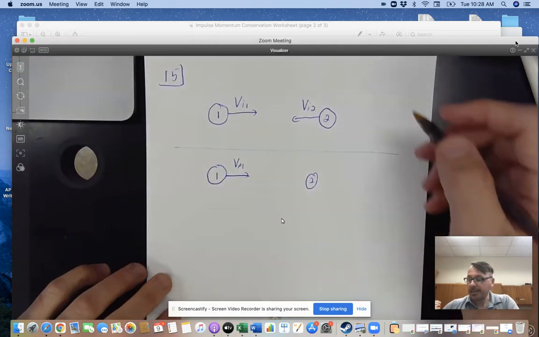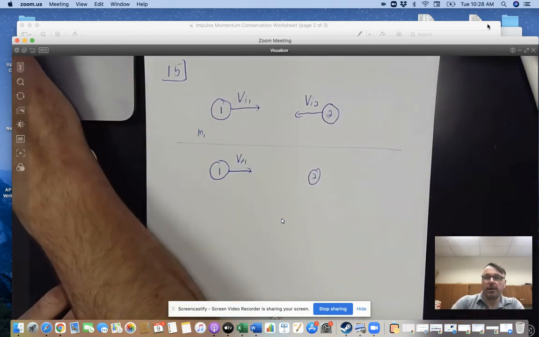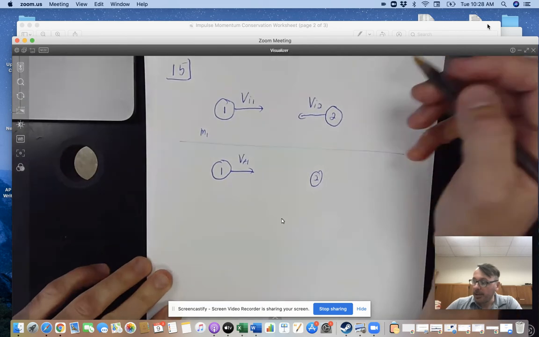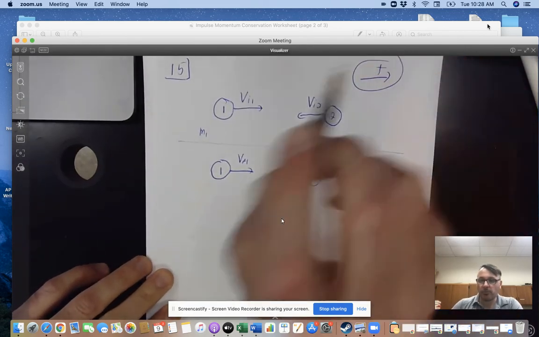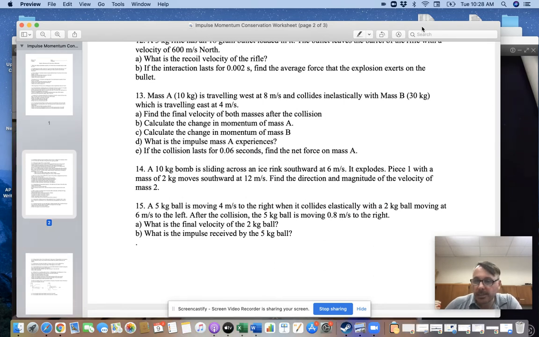Okay, so let's get down the information. We know mass 1, we know mass 2. Before I write it down, let's make to the right positive so that we can write down our information the first time with our declarations. So mass 1, once again, was 5 kilograms. Mass 2 is 2 kilograms. We know VI1 is a positive 4 meters per second because of our declaration, and VI2 is a negative 6 meters per second.